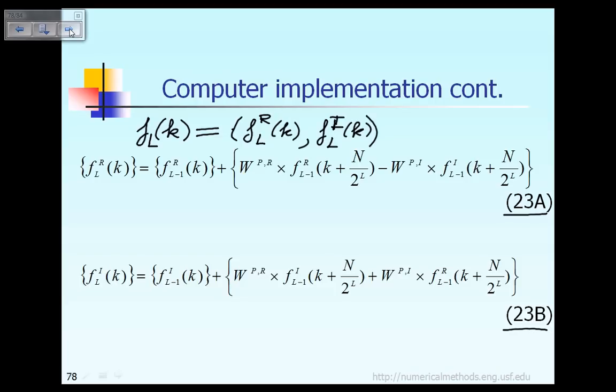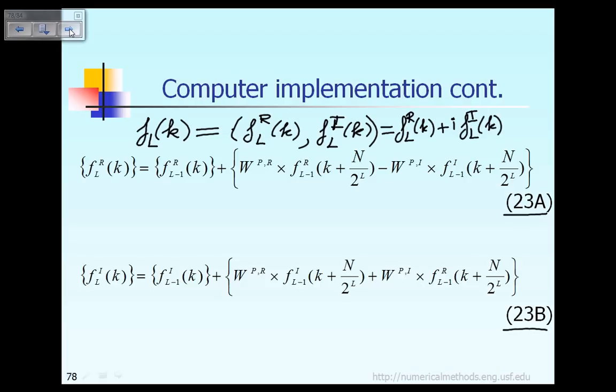In other words, if you want to write the long form, FLK is the same thing as FL real K plus I FL capital I K.